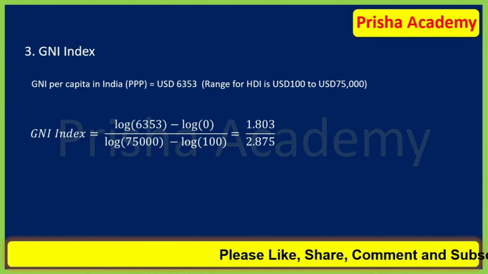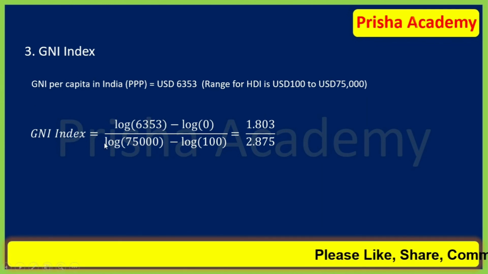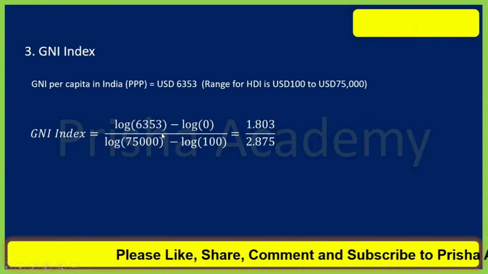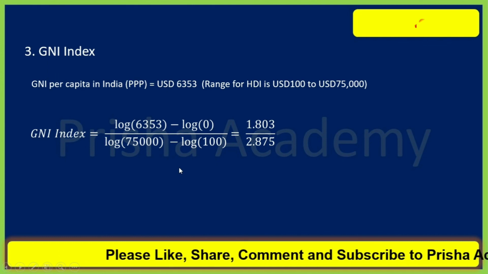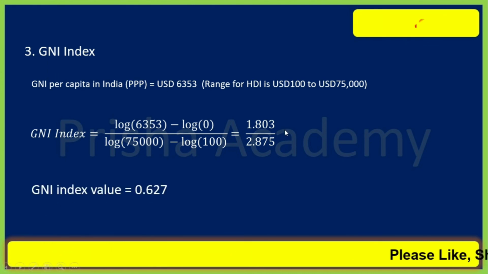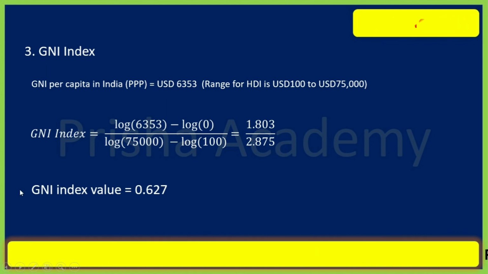So the increment of 100 will have different impact at different levels of per capita income. For that they have taken the log. So if we divide 1.803 by 2.875, the figure we'll receive is 0.627.